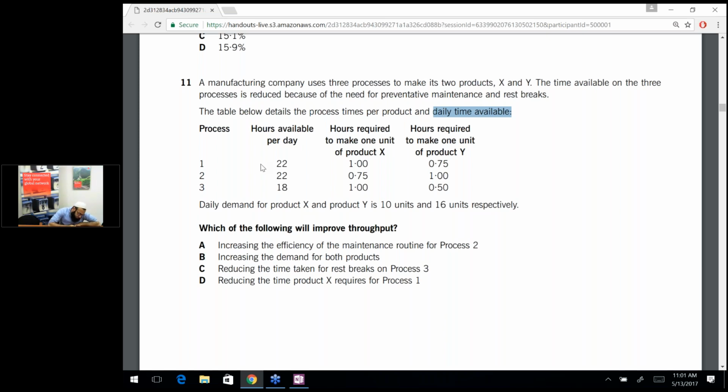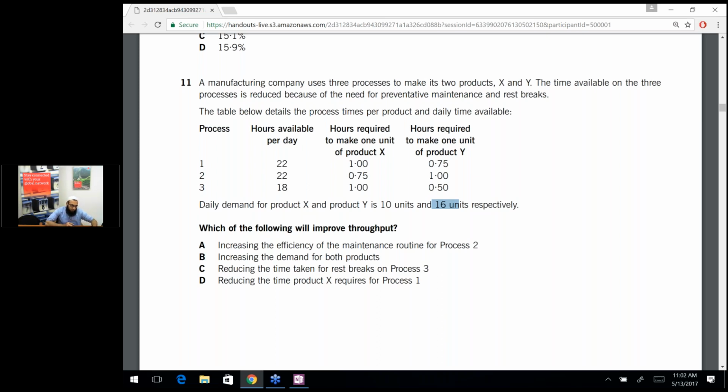So hours available are 22, 22, 18. Hours required per unit are given to you. Daily demand is 10 and 16 for X and Y. So using the daily demand, let's work out which process is the most limiting factor. What I will do here is simple.